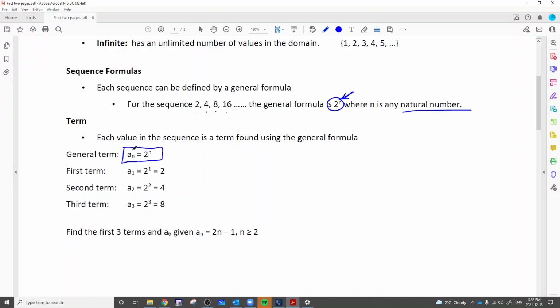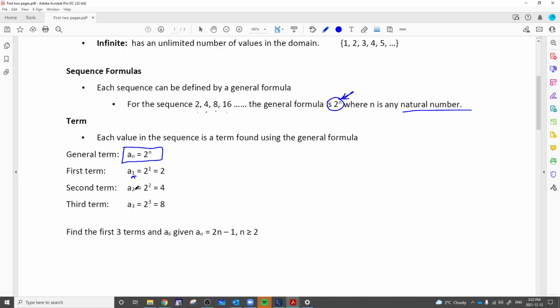A stands for term, any term in the sequence. The subscript n means that the general term finds the nth term, or any term in the sequence, by using the formula. So it's defined as the expression 2 to the n. If we want to find the first term, again, subscripts are identifiers. For the first term, we plug in n is 1, and then we solve, and we get 2.